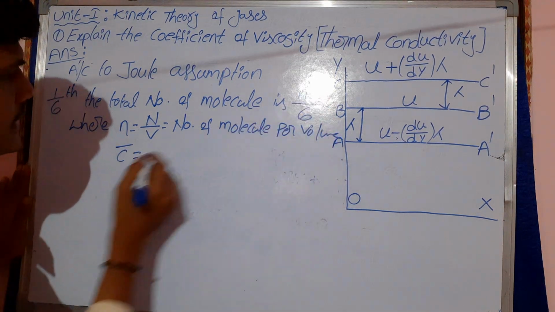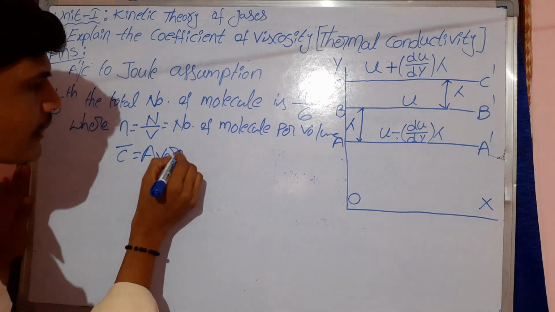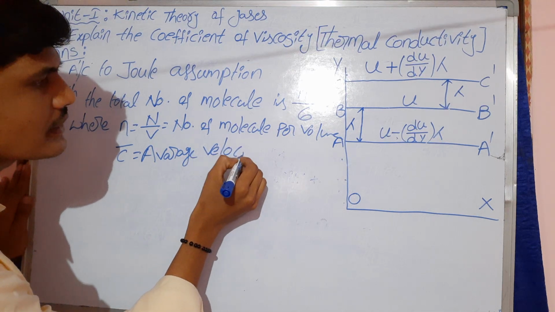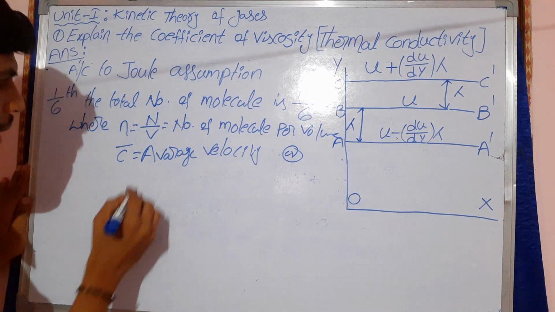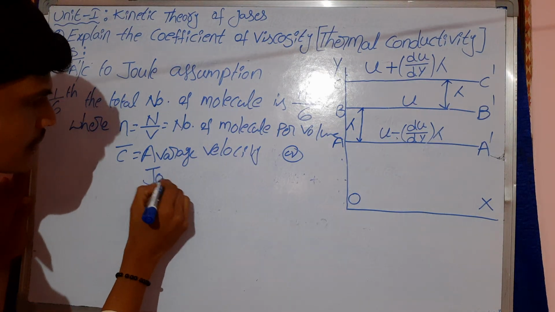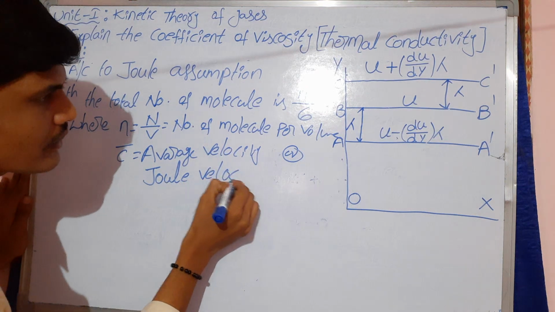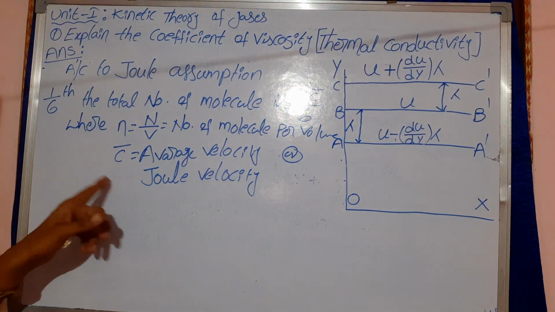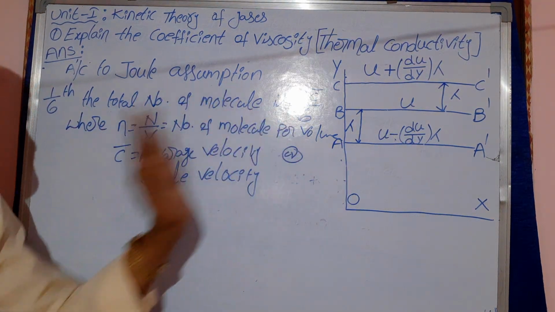C bar means average velocity, or Joule velocity. So this is the equation of Joule's assumption.